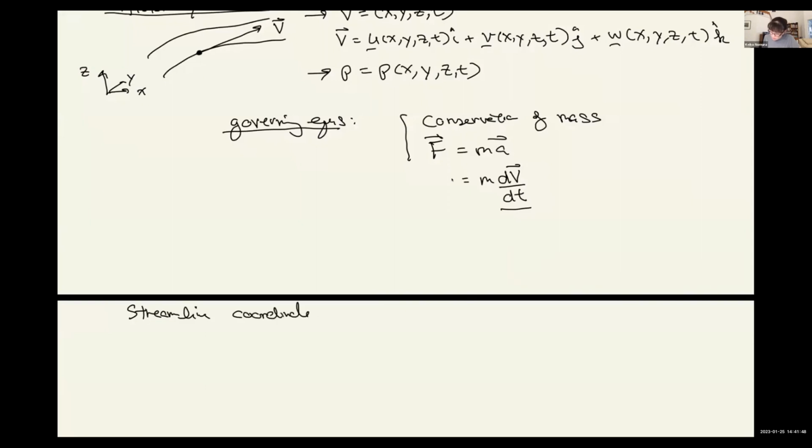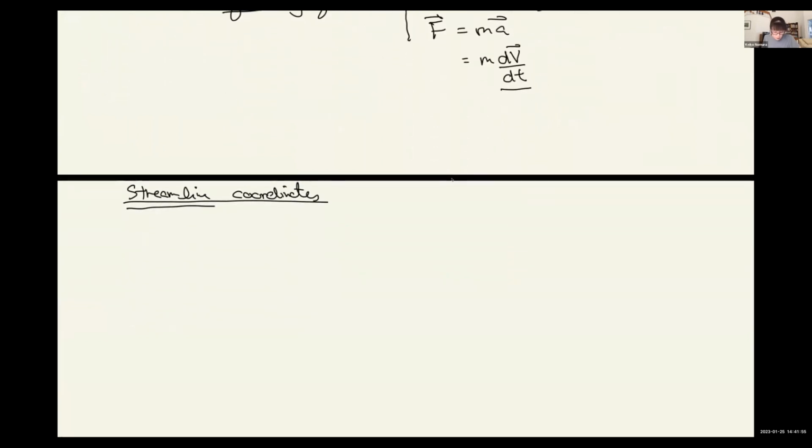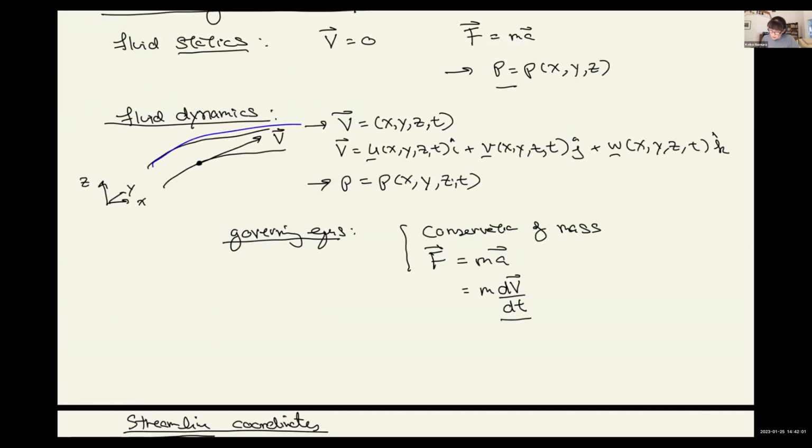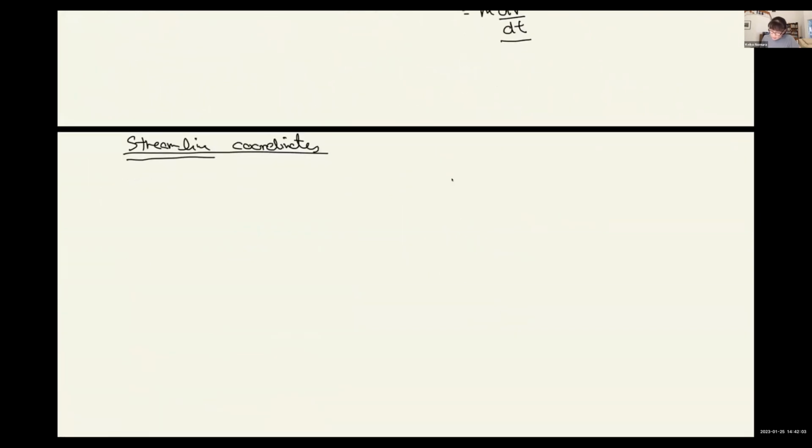So that's what we're going to do in this chapter. And what is a streamline? I just sort of drew these lines here. Let's just consider first a steady flow. So imagine a flow that may change in space, but doesn't change in time.